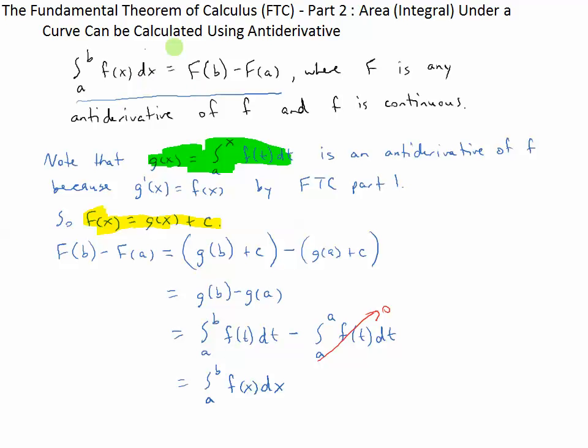And that's exactly what we wanted to prove here. So to calculate an integral, to calculate the area under a curve now, we simply need to know the antiderivative and the limits, the starting and ending points of that integration. Okay, and then we'll plug them into the antiderivative.